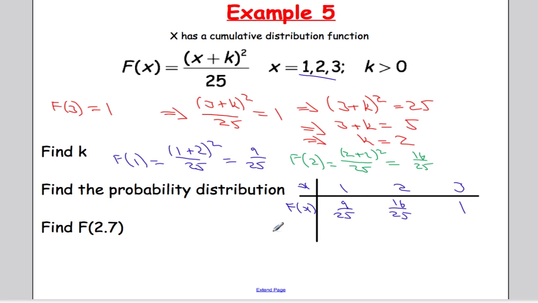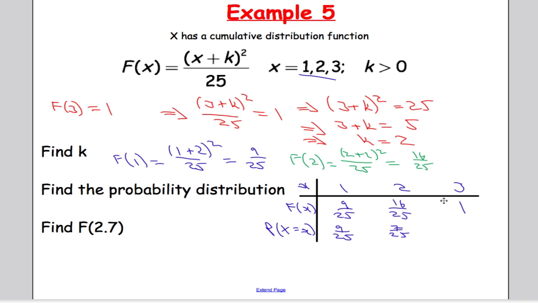Now that's going to help me do the probability distribution, probability that x equals x. Well, the first value must be the same. It must be 9 over 25. If the next value is 16 over 25, but the previous value was 9 over 25, that means I must have added 7 over 25. So 9 over 25 plus 7 over 25 gives me 16 over 25.